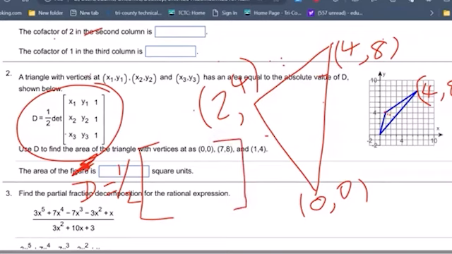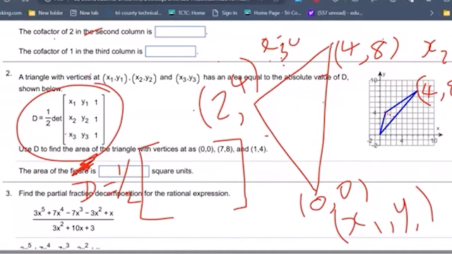Which one is x1, y1? You can choose any one to be x1, y1. So I have decided that this point is x1, y1, this point is x2, y2, and this point is x3, y3.